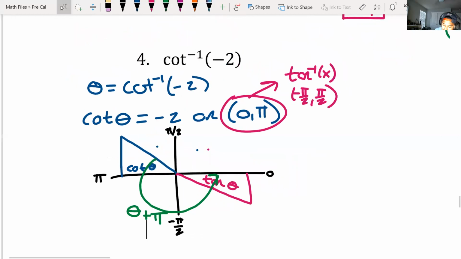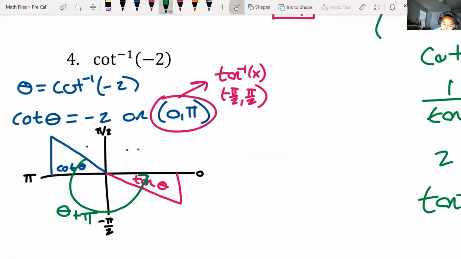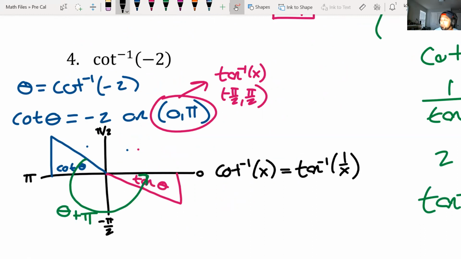So this means that if I go ahead and write this out, the inverse cotangent of x is equal to the inverse tangent of 1 over x plus what? Pi. There you go.